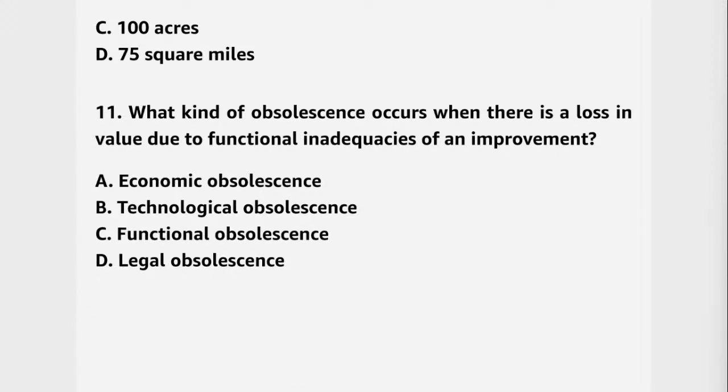Number 11, Texas state questions. What kind of obsolescence occurs when there is a loss in value due to functional inadequacies of an improvement? A, economic obsolescence. B, technology obsolescence. C, functional obsolescence. Or D, legal obsolescence. So it kind of gave you a hint.